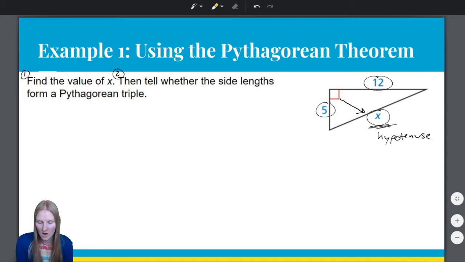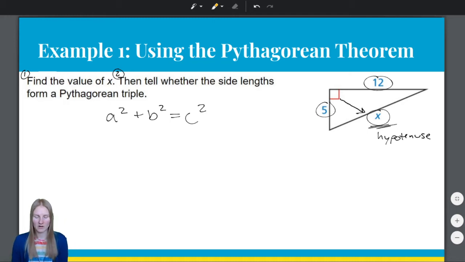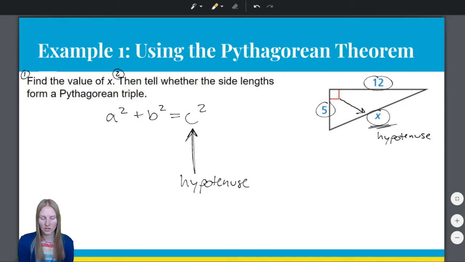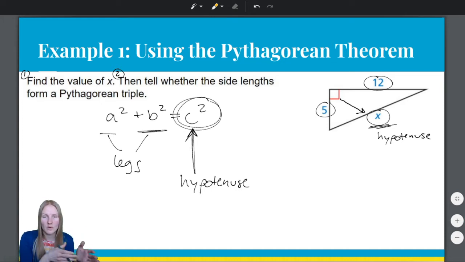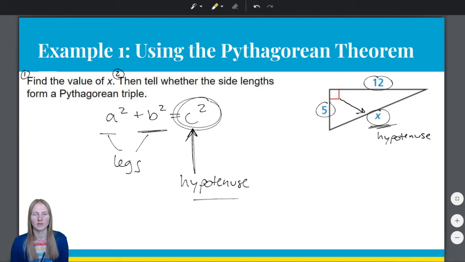You don't have to label the hypotenuse, but I think it's very helpful. So, we know that a squared plus b squared equals c squared. Now, c is always the hypotenuse. Always. You have something squared plus something squared. These are the legs. And whatever you're equal to, that is always the hypotenuse.